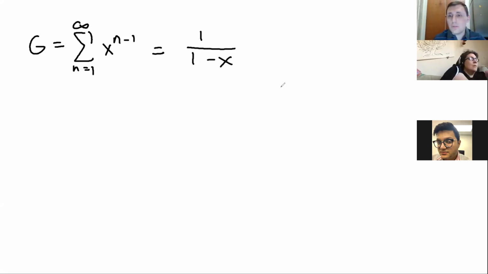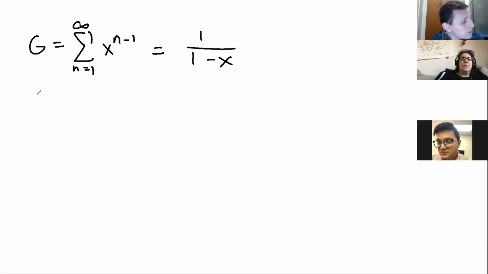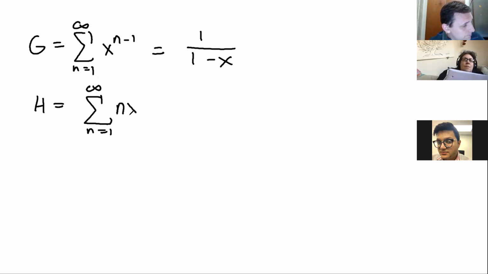For all values of x that are smaller than 1, there is no dispute. Now we're interested in summing up this type of series. Good? What is this?